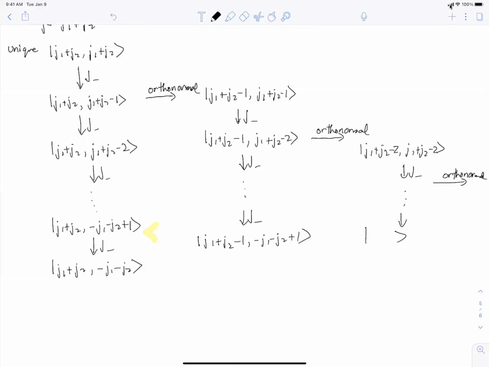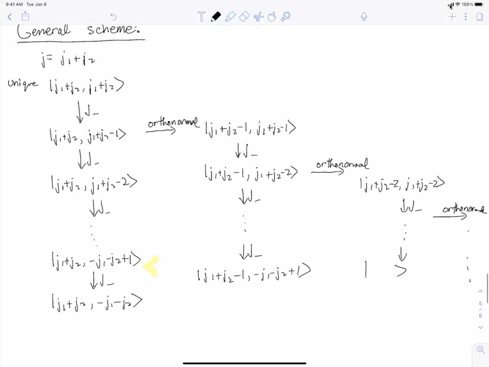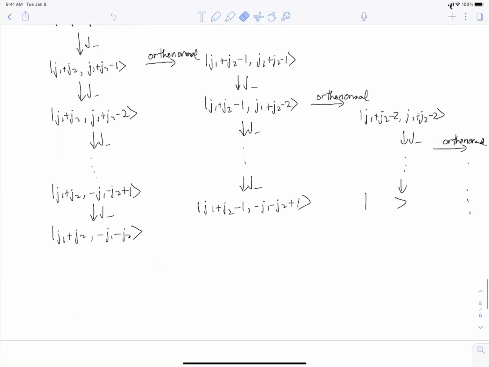Okay, and so that's the general scheme of how you can compute the Clebsch-Gordan coefficients. All right, so you can do that, or you can look them up in tables, or you can use this algorithm to compute them by a computer, which is also a good option.